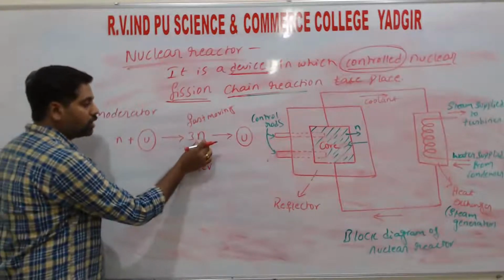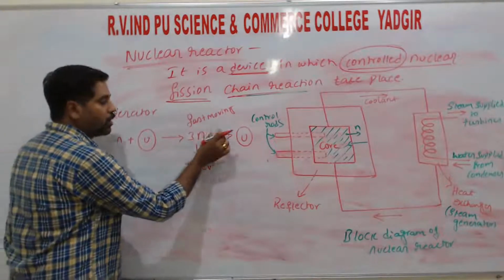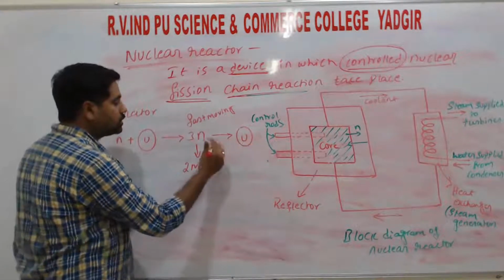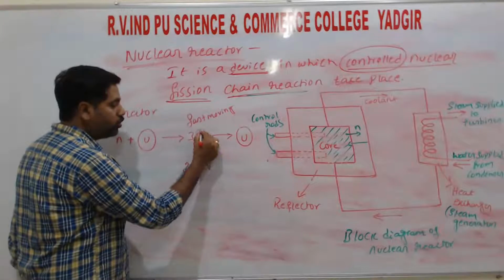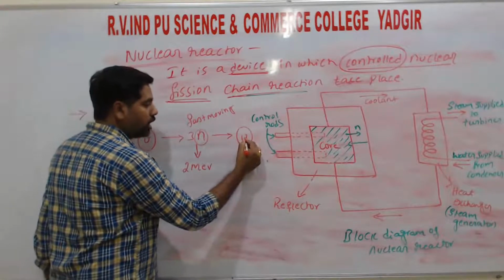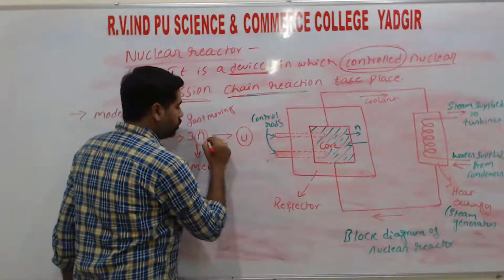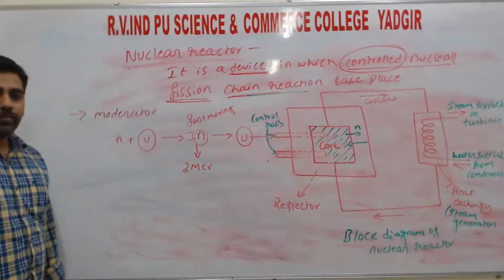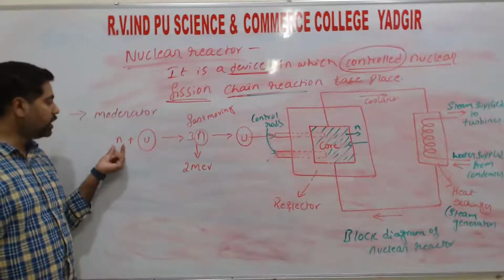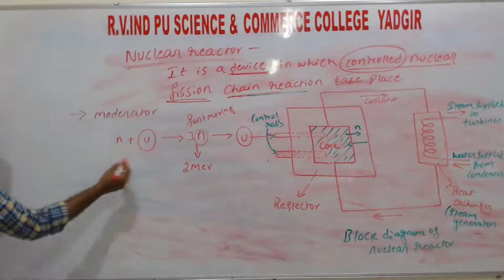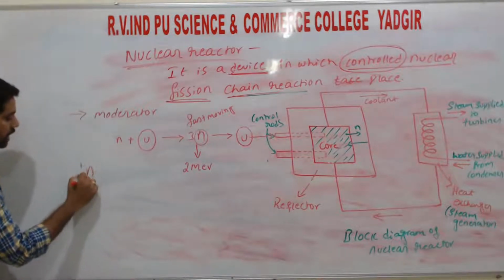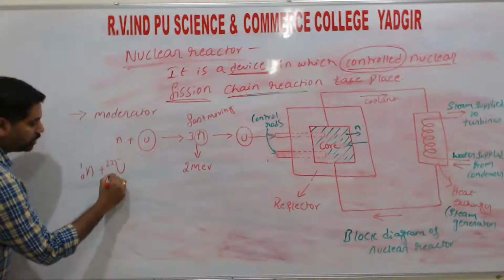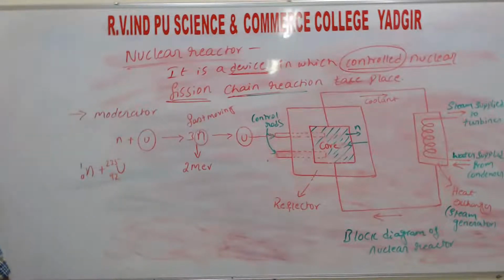These fast moving neutrons have to collide with the uranium nucleus. As we observed in the last relation, a neutron (n, mass number 1, atomic number 0) is bombarded with uranium 235, atomic number 92.